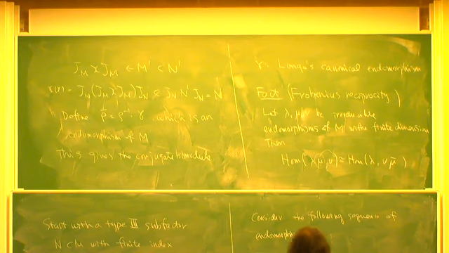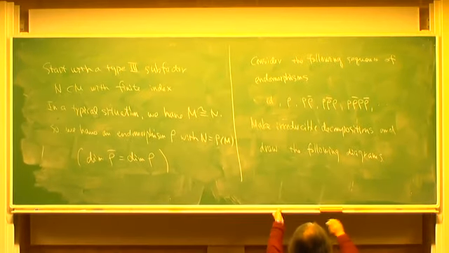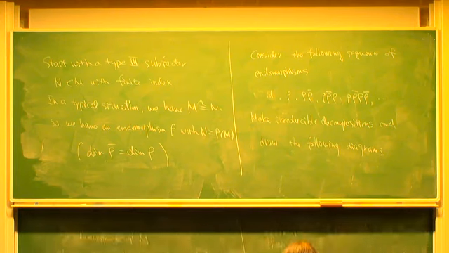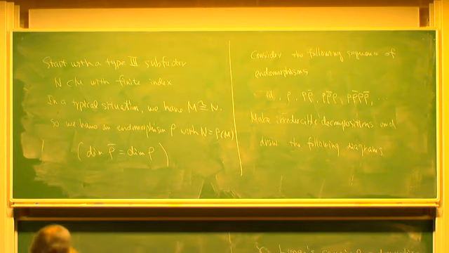And then we can draw the following. We start with the identity endomorphism, which is irreducible.